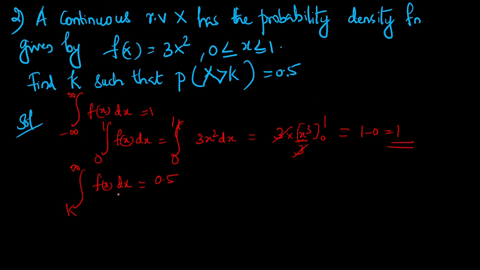Therefore, substituting the value of the function f of x, the integral k to infinity of 3x square dx. That is 3 into x cube by 3, which is the limits k to infinity, and is equal to 0.5.